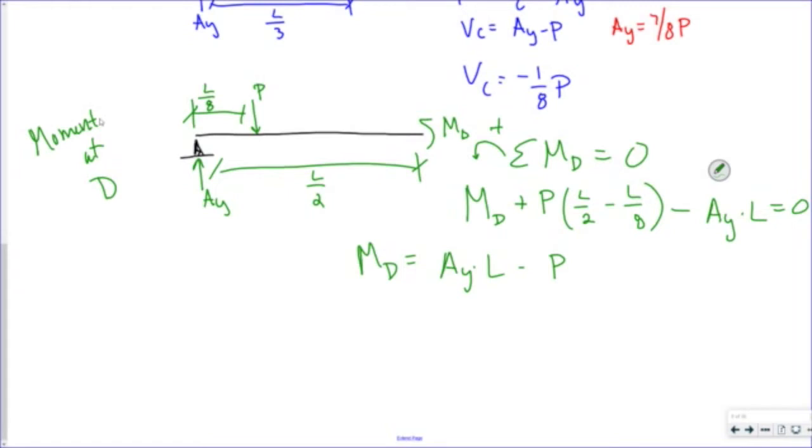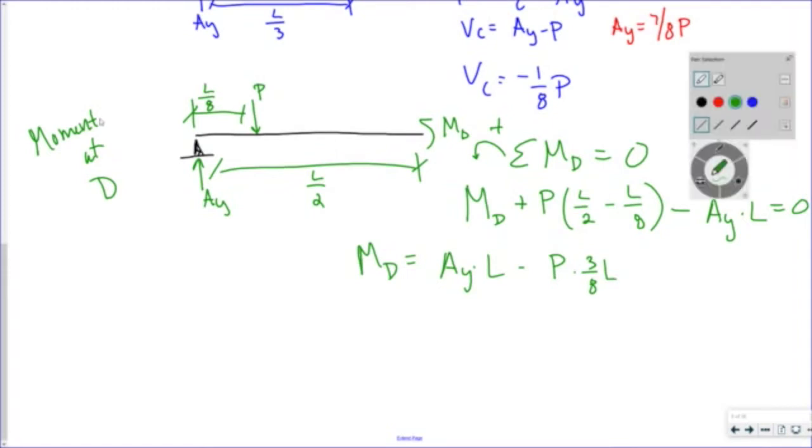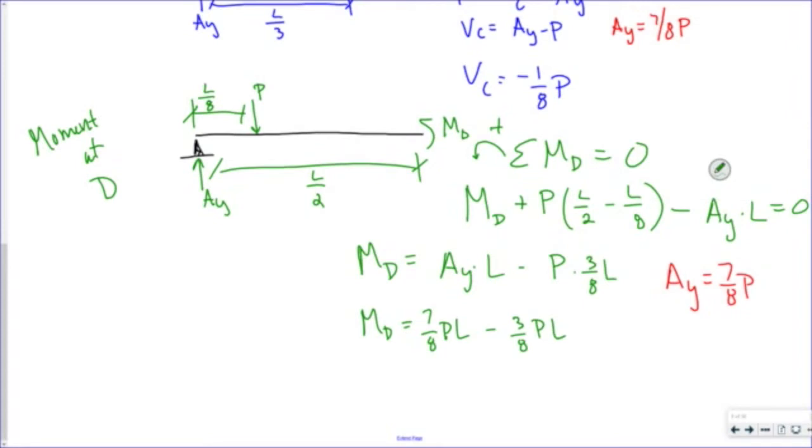What's that? 3/8. Again, AY is equal to 7/8 P. So MD is equal to 7/8 PL minus 3/8 PL, which gives you... L over 2.